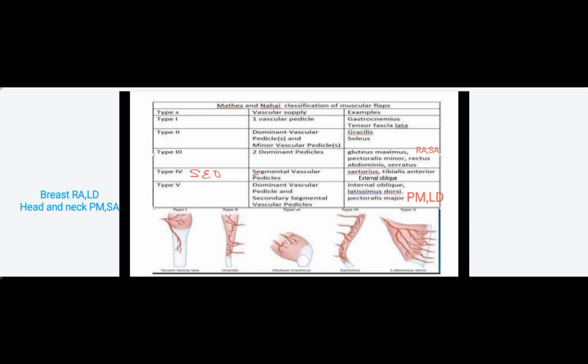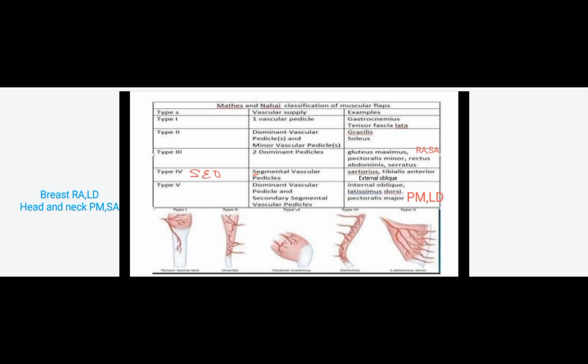Two vascular pedicles are found in RA, rectus abdominis, serratus anterior, gluteus maximus. Type 4, many segmental. Segmental S for sartorius and EO for external oblique. Type 5 is dominant and segmental. That is all, and it is found in PMLD, pectoralis major and latissimus dorsi.